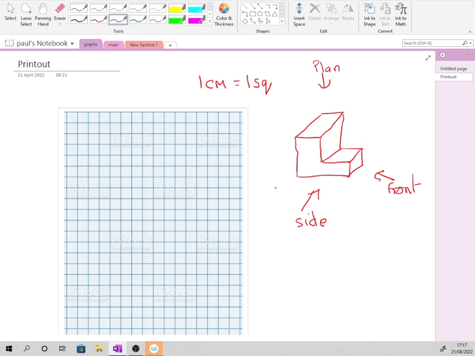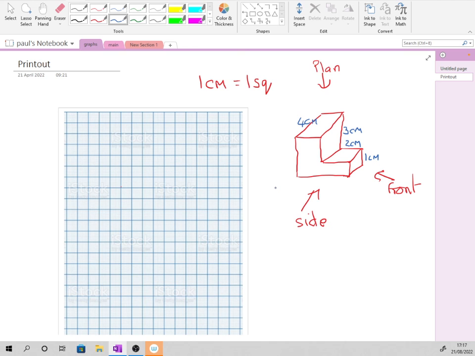Obviously we can't do it to scale until we know what these are, but we'll put some measurements on. 1 centimetre, 2 centimetres is this horizontal bit there, 3 centimetres is the vertical, and 4 centimetres is the width of the whole place.